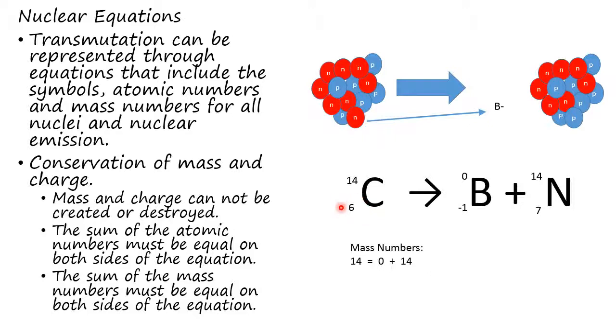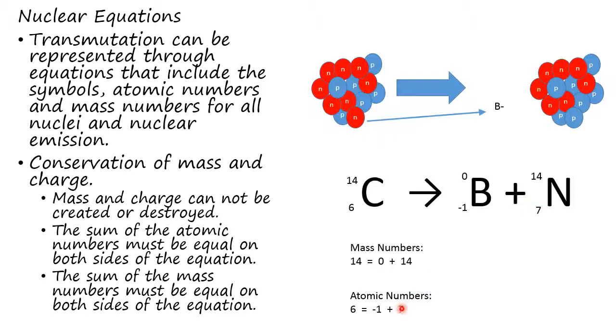So on the reactant side, we have an atomic number equal to 6. And on the product side, we have an atomic number of 7 for nitrogen-14 and -1 for a beta particle. And so if we set this up as an algebraic expression, we get 6 equals -1 plus 7.